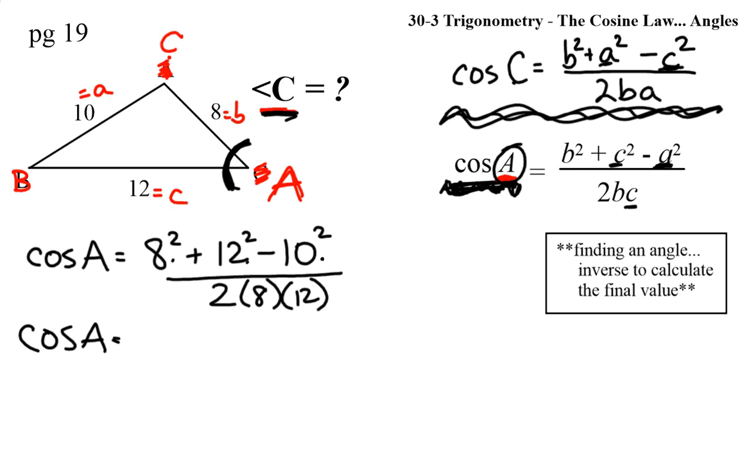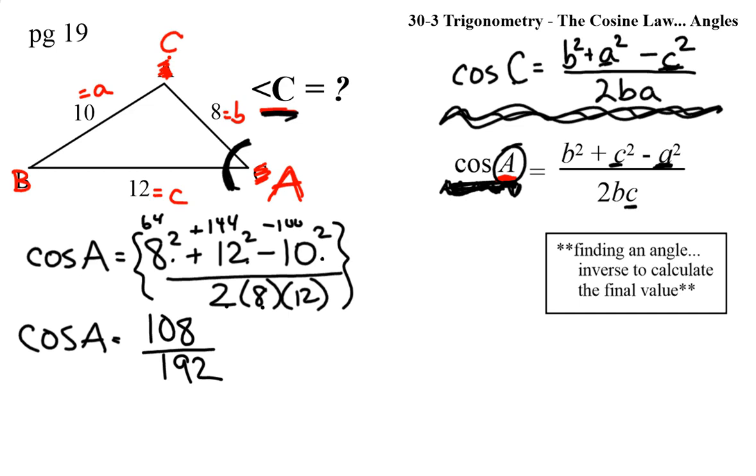When I do that calculation, we should end up with 108. 64 plus 144 minus 100. And that's over 2 times 8 times 12, which gives us 192. So we end up with cosine A equal to 108 over 192.